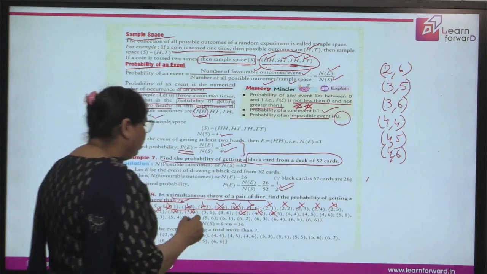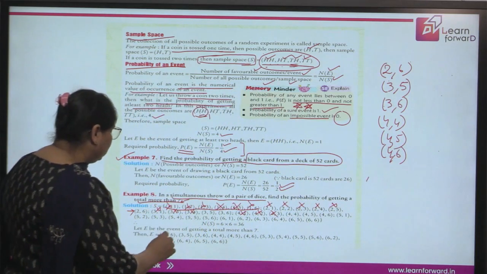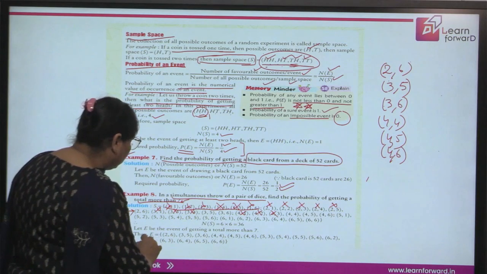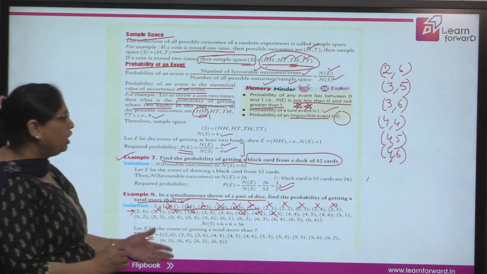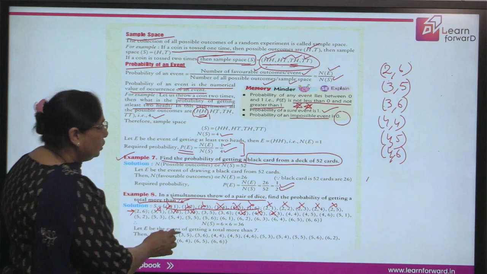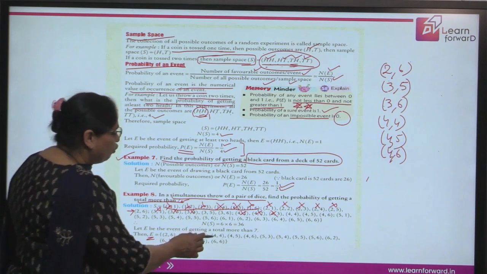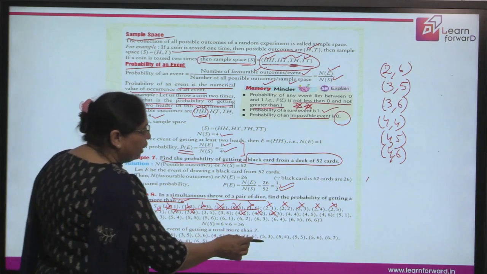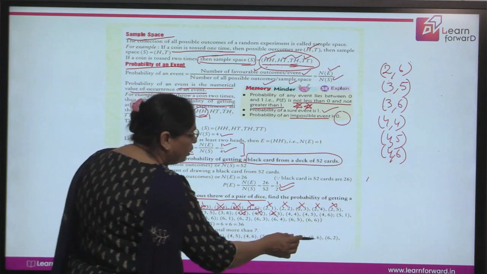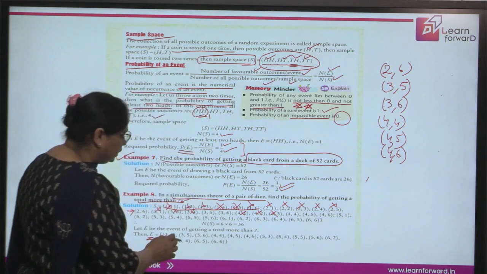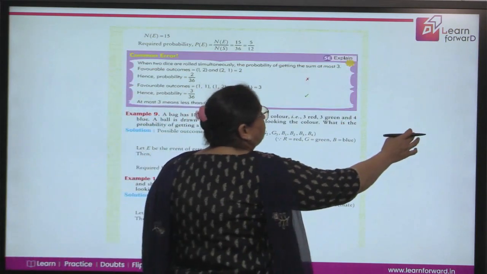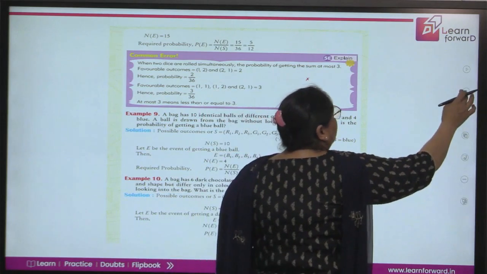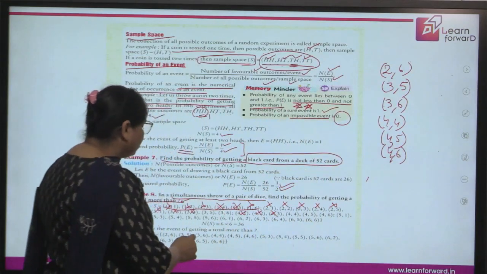In the same way we go for all the events, and these are all the cases we have to take: 2 6, 3 5, 3 6, 4 4, 4 5, 4 6, 5 3, 5 4, 5 5, 5 6, 6 2, 6 3, 6 4, 6 5, 6 6.